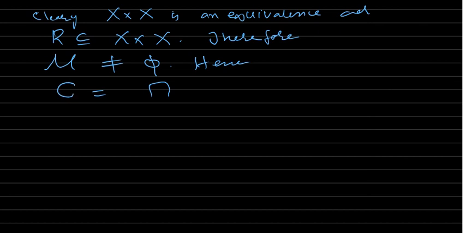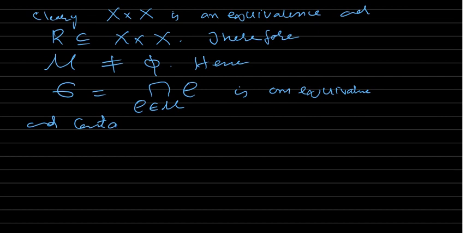This sigma, which is equal to the intersection of rho's, where rho belongs to this M, is also an equivalence and contains R. Because every rho contains R, their intersection also contains R, and intersection of equivalences is again an equivalence.